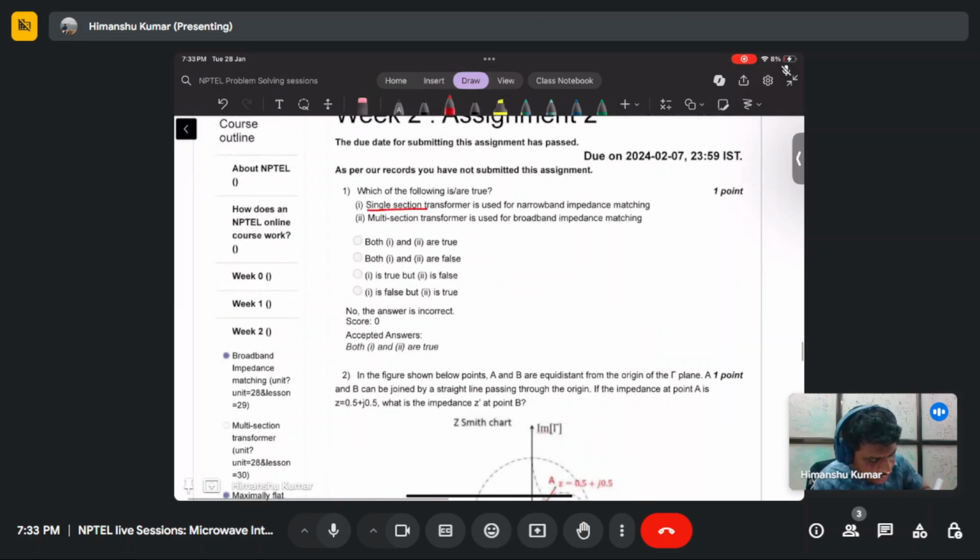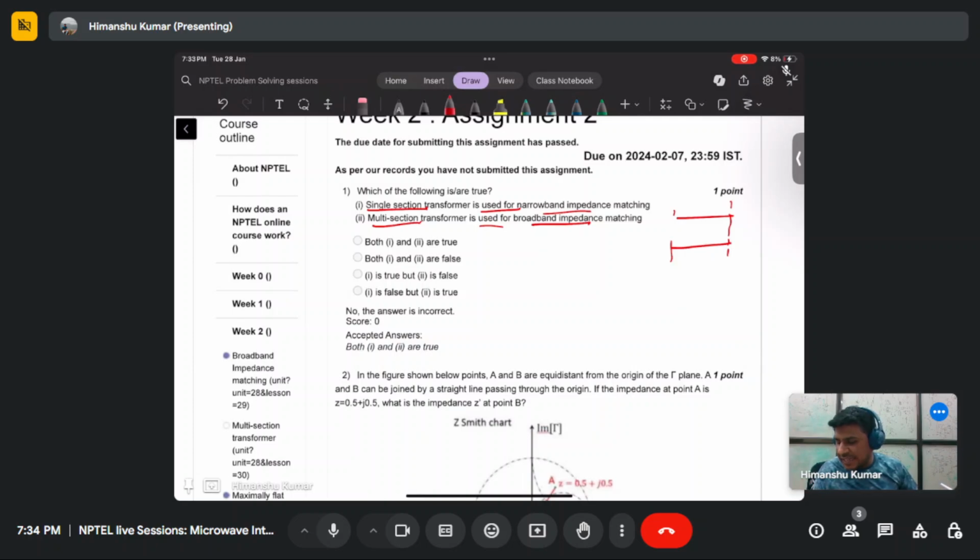Single-section transformers are used for narrowband impedance matching, and multi-section transformers are used for broadband impedance matching. So which one is true? As you can see, in a single-section transformer you have only one piece of transmission line inserted between your source and load.